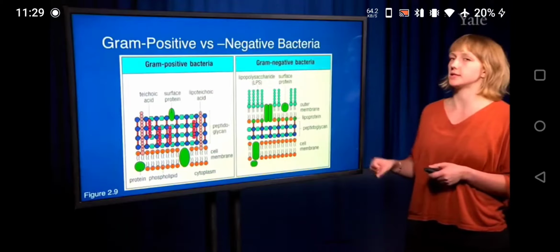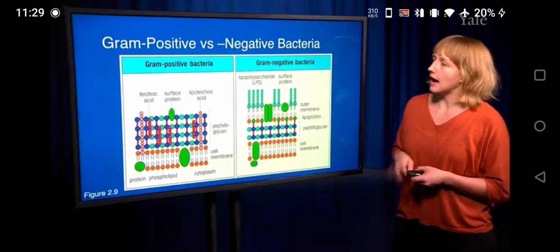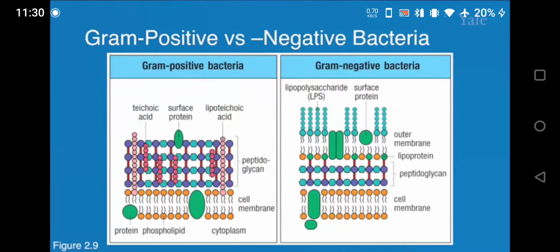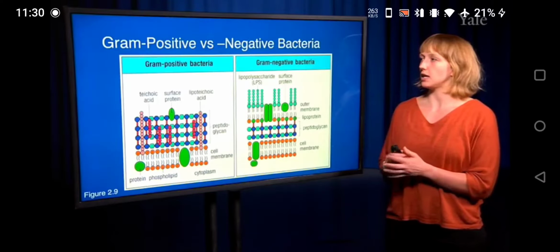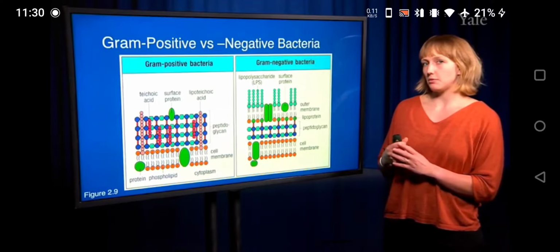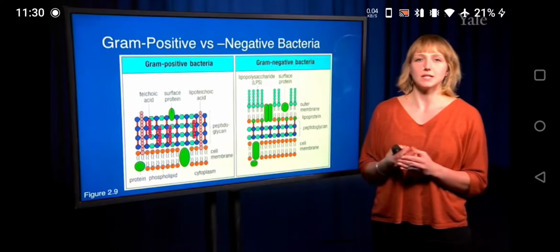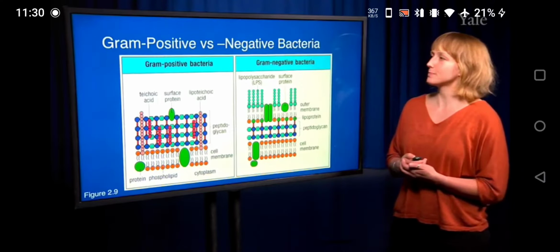You're going to want to remember that term, but this is the general difference between the outsides of the bacteria that are gram-positive and gram-negative. And keep in mind that you can start thinking about, okay, why is it important to classify the different bacteria based on the outsides of their cell walls? And maybe keep in mind that a lot of adaptive immune responses actually are targeted towards the outside of bacteria.